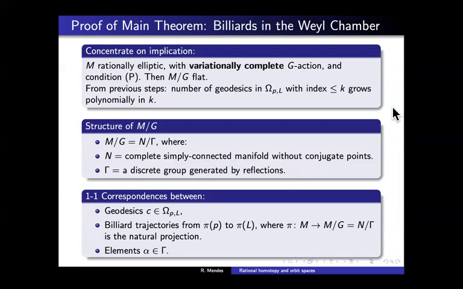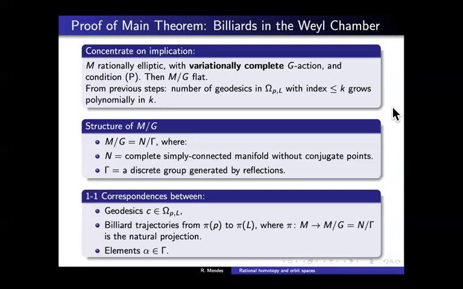So we have information from our previous steps on counting those geodesics with a certain index. And now we have that the geodesics are in one-to-one correspondence with the elements of the group gamma. So the next step is going to be getting some control over the elements in this group gamma from the index. How do these things relate?